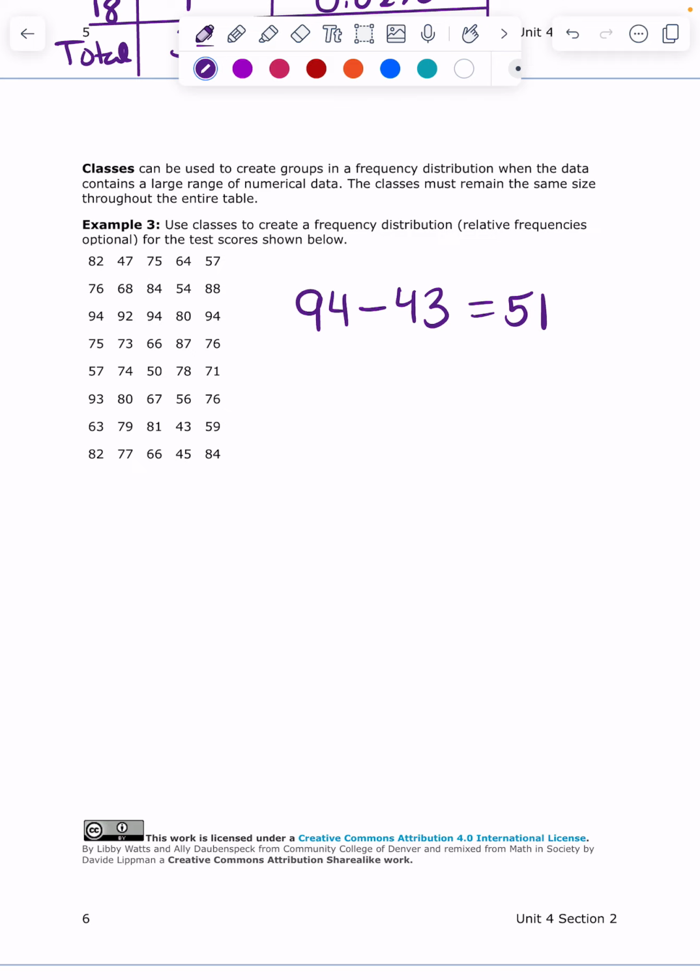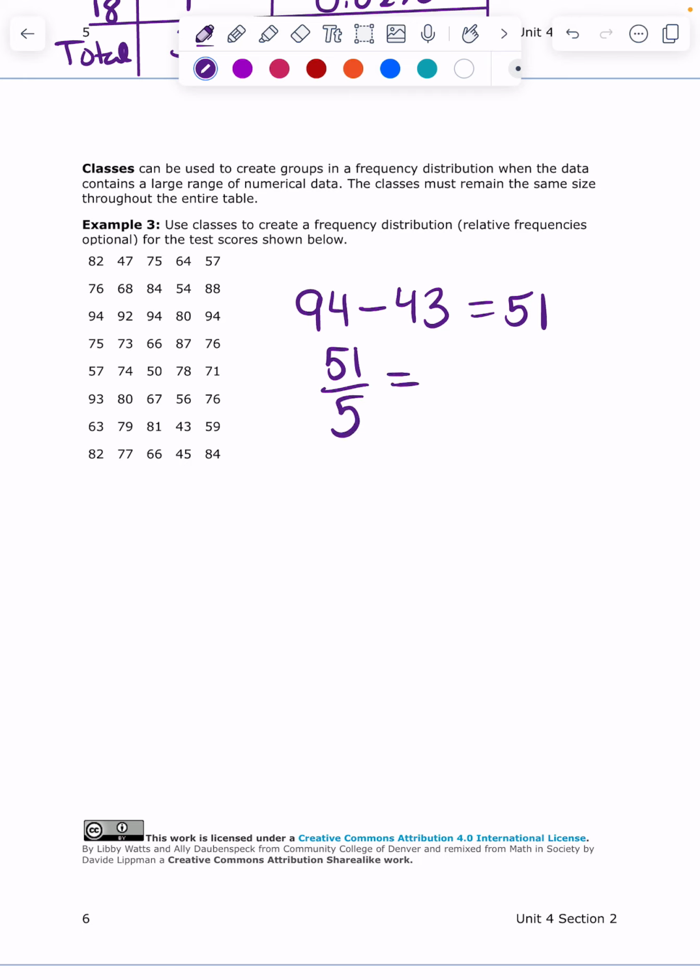Since we're talking about test grades, the most appropriate thing to do would be to group it by letter grades. So how many A's, B's, C's, D's, and F's were there? That would be A, B, C, D, F. So that's 5. I want to have 5 different groups.